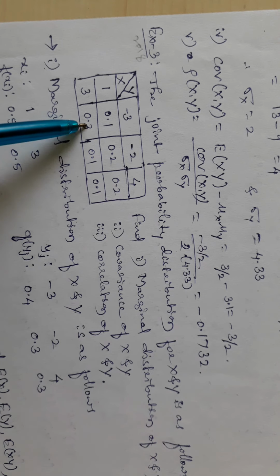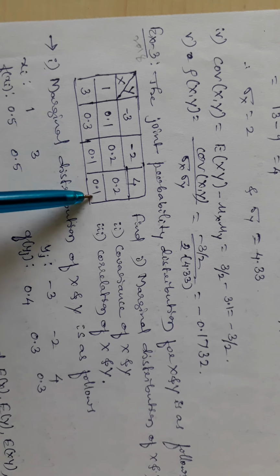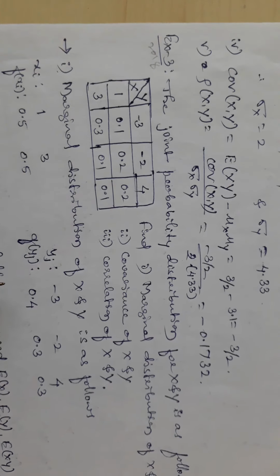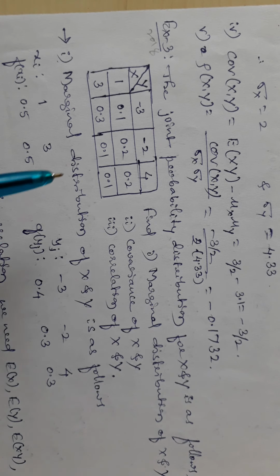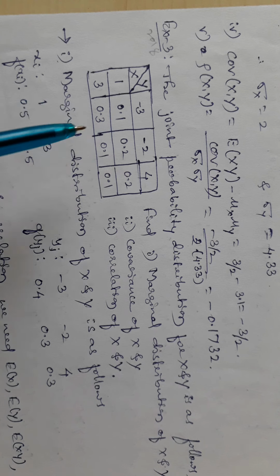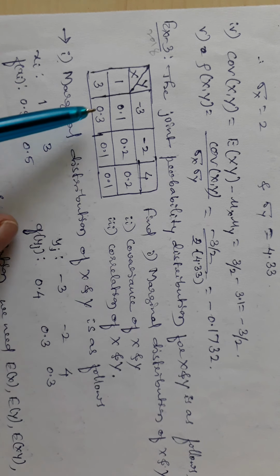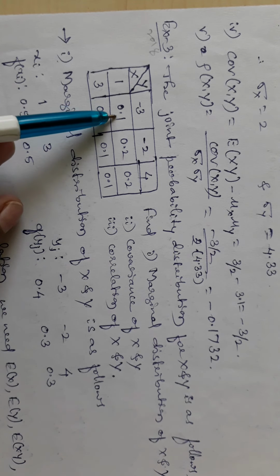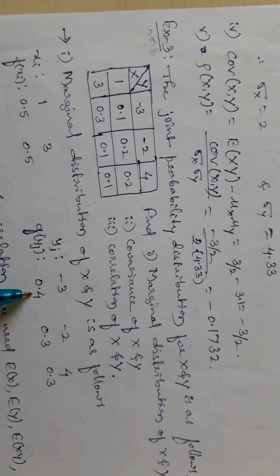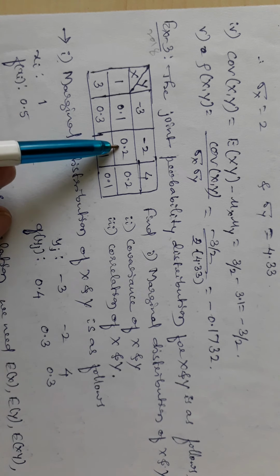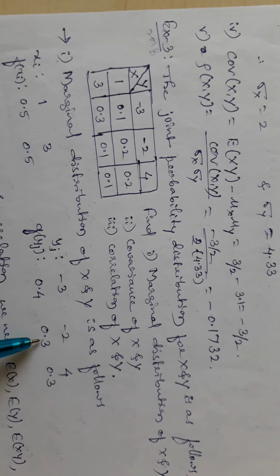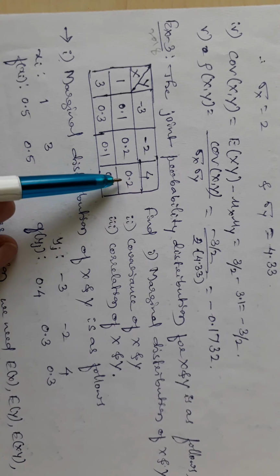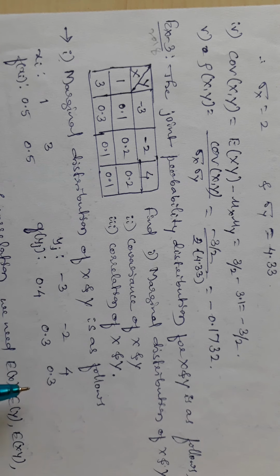Second row sum: 0.3, 0.1, 0.1, that is 0.5. Now g of yj is the column sum. First column, minus 3: 0.1 plus 0.3, that is 0.4. Next, 0.2 plus 0.1, 0.3. Then the last column: 0.2 plus 0.1, that is 0.3.